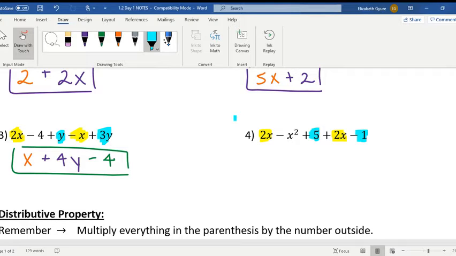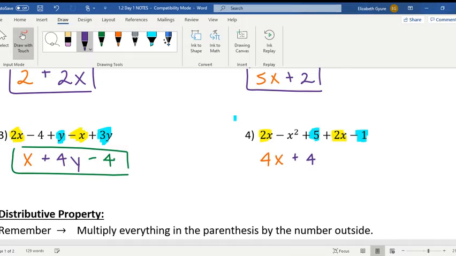Okay, so now let's combine what we got. Jake Sanders, what would you get with 2x plus 2x? 4x, exactly. 2x plus 2x is going to give you 4x. Jesse, what's 5 minus 1 going to give you? 4, good.